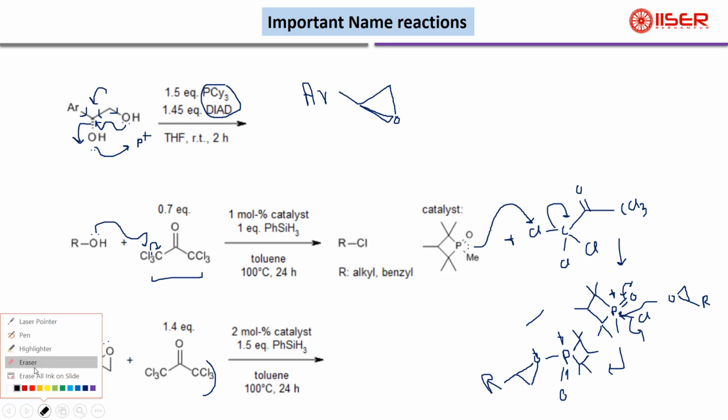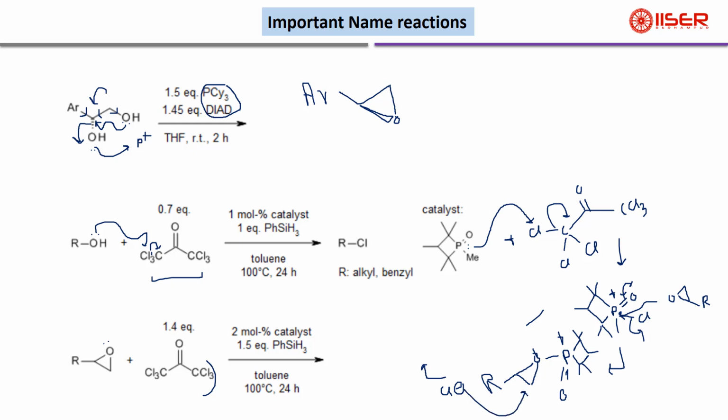After that, this chlorine atom which has been eliminated is still in the system. So that chlorine atom will attack here and it will open up. So it will give us this as our product.